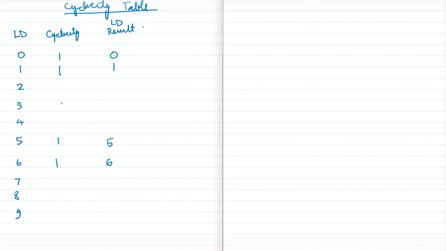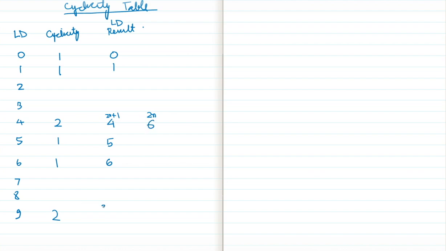Now the cyclicity of 4 and 9 was 2. So if the power is of the form 2n plus 1, that is an odd power, and the last digit is 4, you would get a 4 in the last digit, and for an even power, you would get a 6.